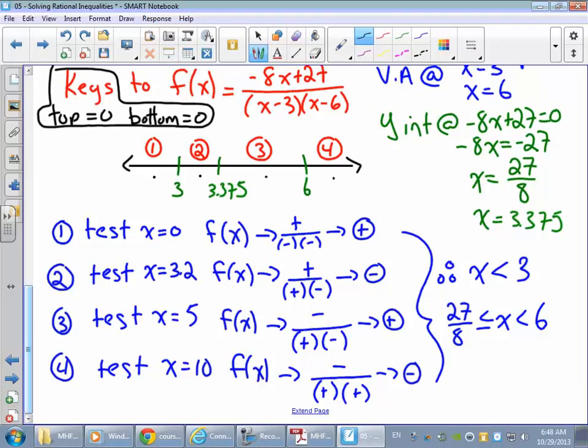Again, mostly because they're fairly nice numbers, the 3.2 because it's clearly between the two numbers that I'm worried about. When I test in the expression, I get a positive number on top, a negative here, negative here, negative here, and so there's my positive, negative, negative, which overall is positive.